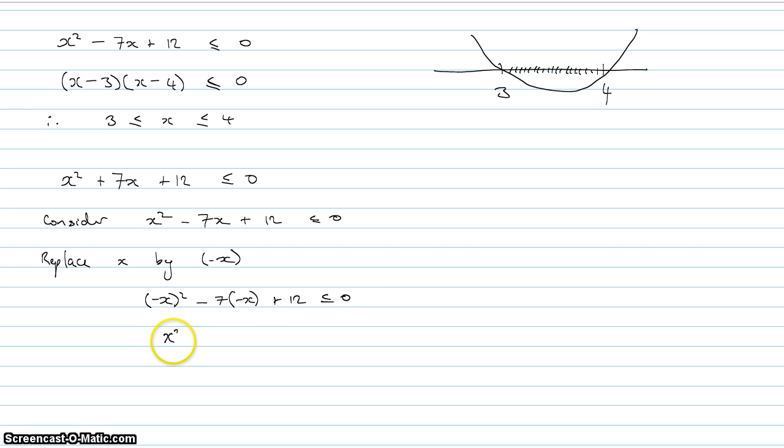Or in other words, x squared plus 7x plus 12 less than or equal to 0, which is what we have. So therefore the solution to this is just going to be 3 is less than or equal to negative x is less than or equal to 4. And if we solve these independently or together, we're going to get negative 4 is less than or equal to x is less than or equal to negative 3.